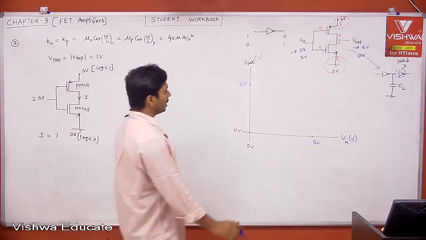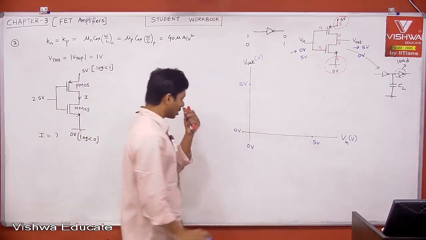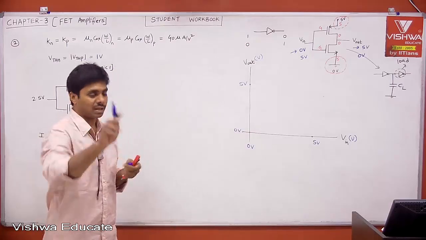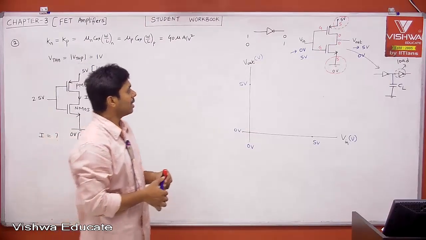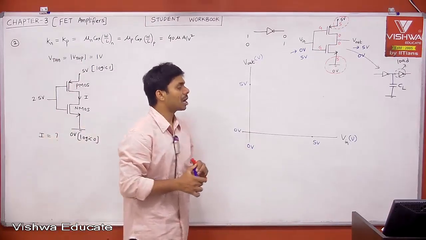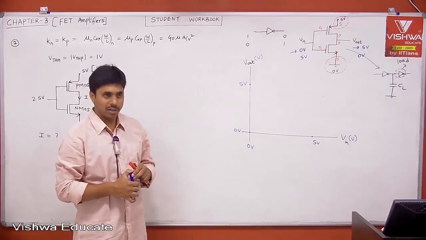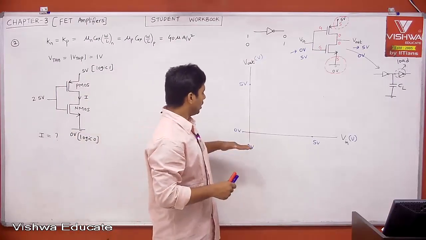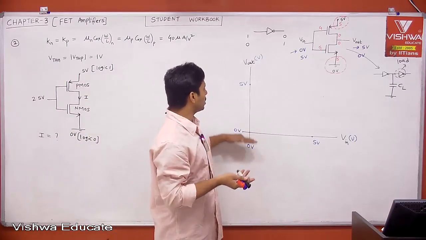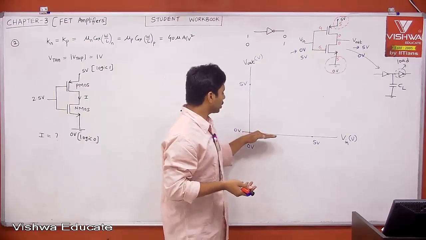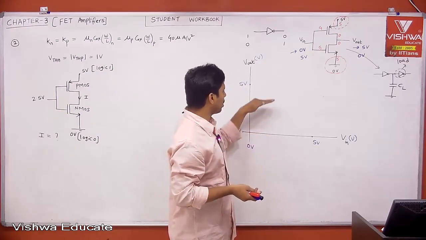Therefore, we are only dealing with the extremities. But what about in between? Listen. Remember the meaning of transfer characteristics: input is 0, under steady state what is output? 5. Input is 1, what is output?